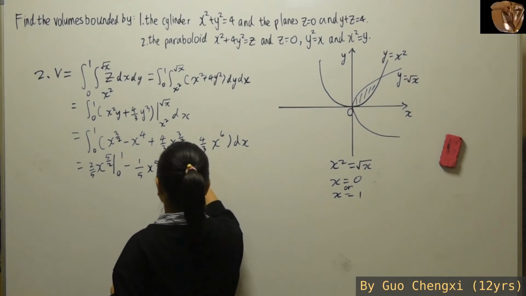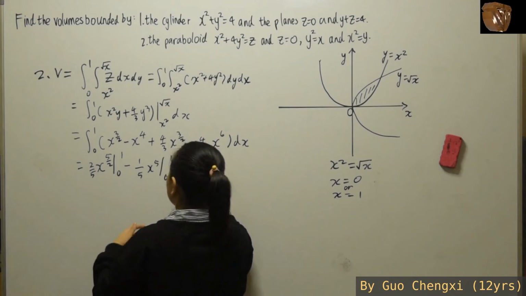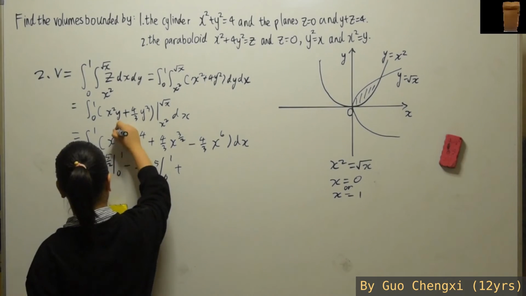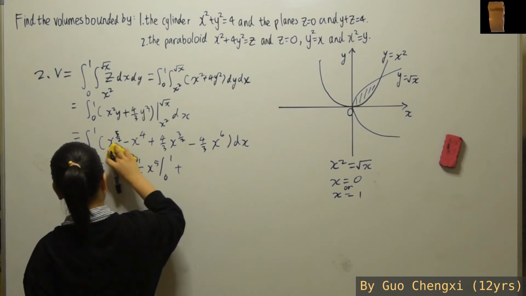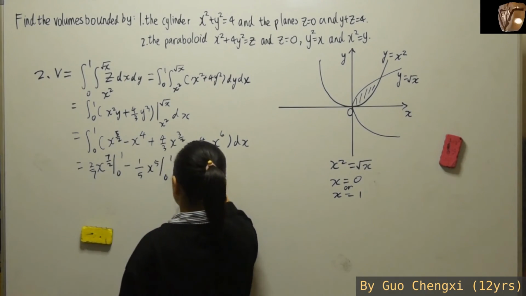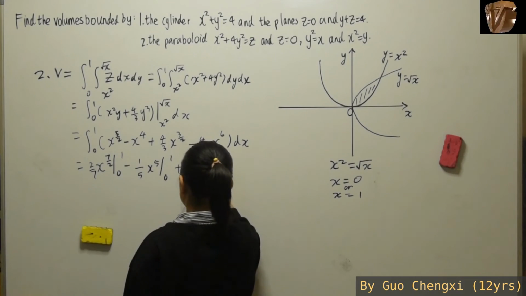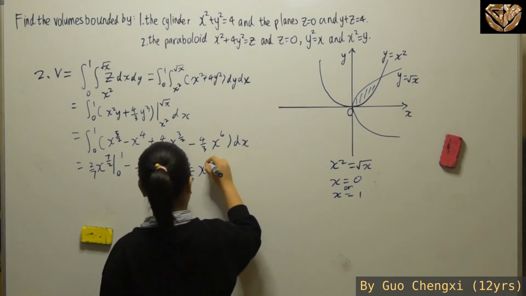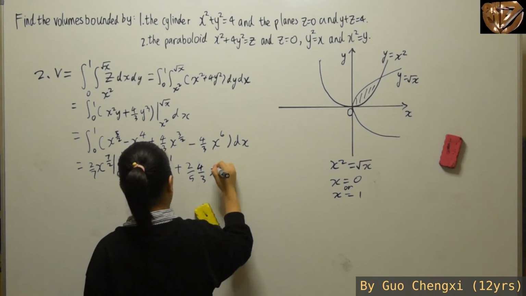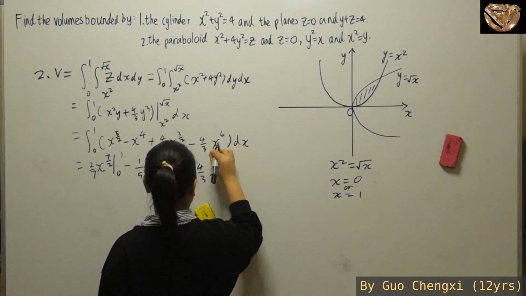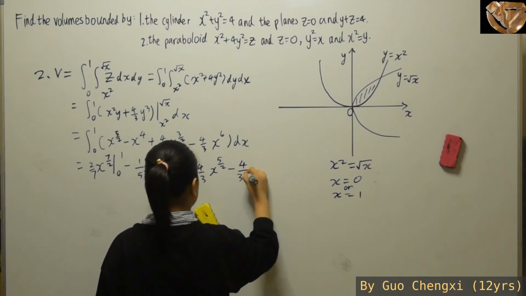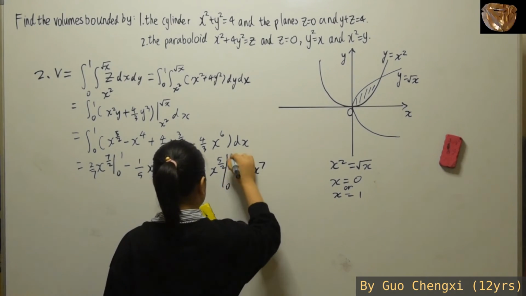Then we have 4 over 3 times x to the power of 5 over 2, which becomes 2 over 5 times 4 over 3 x to the power of 5 over 2. Then here you minus 4 over 3 times 7 x to the power of 7, from 0 to 1.